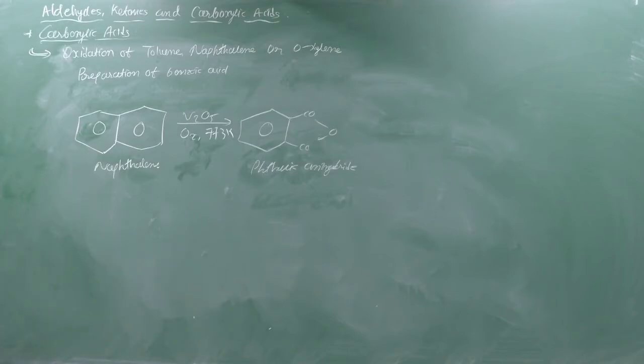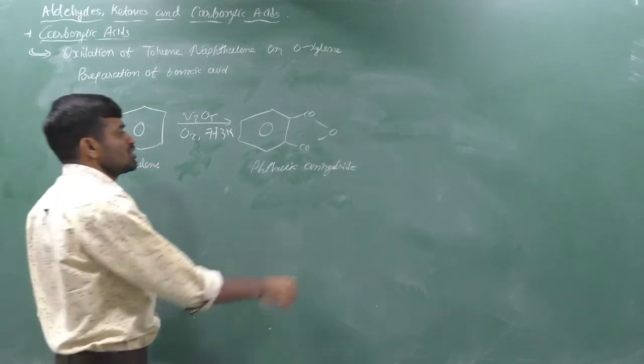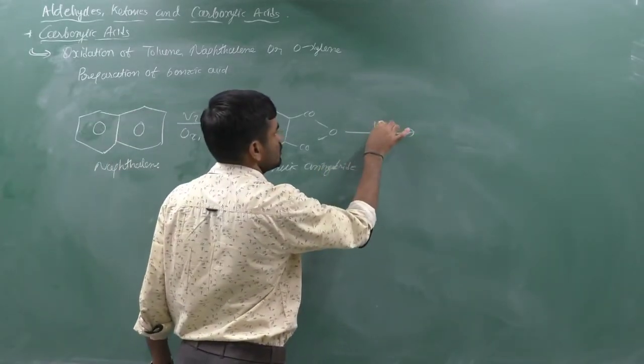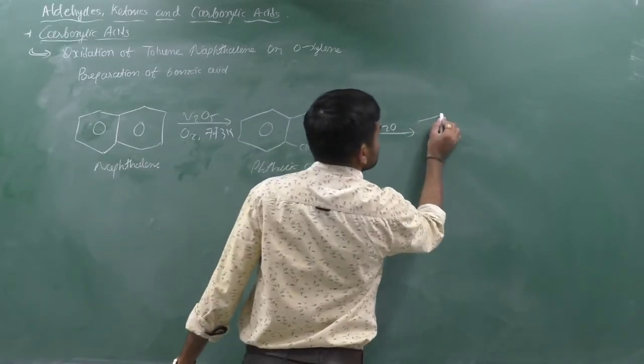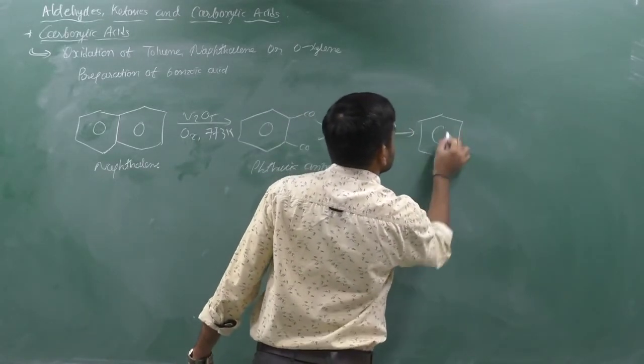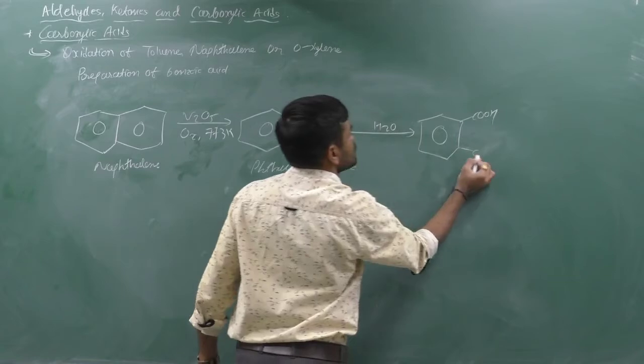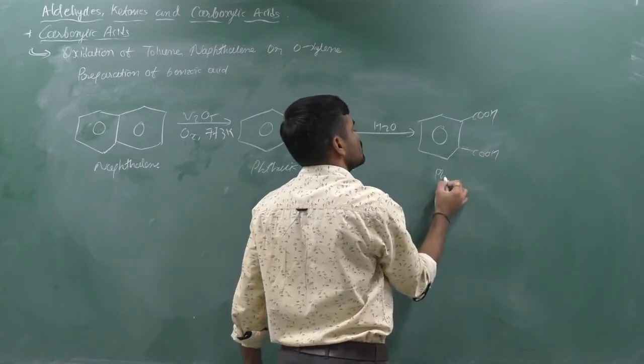Now, if we heat the phthalic anhydride in the presence of H2O, then it can give phthalic acid, with COOH, COOH.